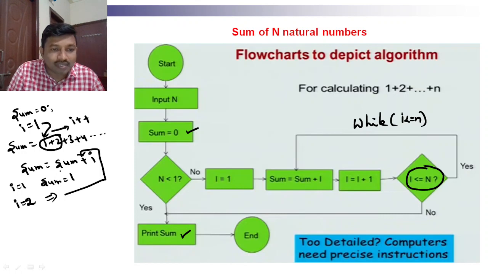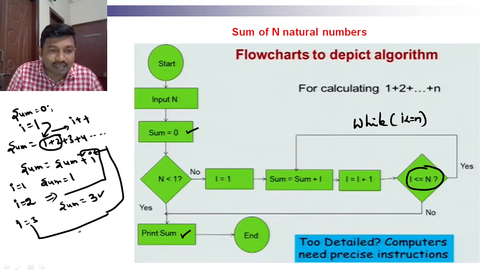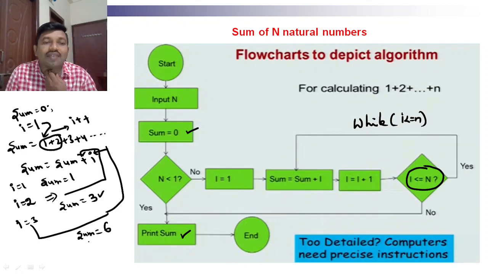Sum is updated, so sum becomes 1 plus 2, it becomes 3. When i is equal to 3, I increment the i value each time and the same statement is executed again. Now sum is 3, so sum equals 3 plus 3, and sum becomes 6. That way I keep incrementing the i value and updating the sum.